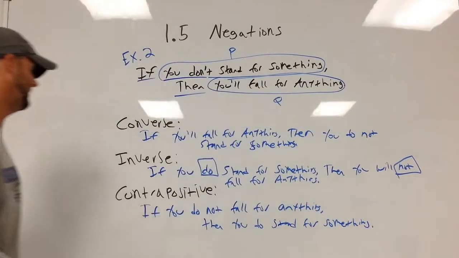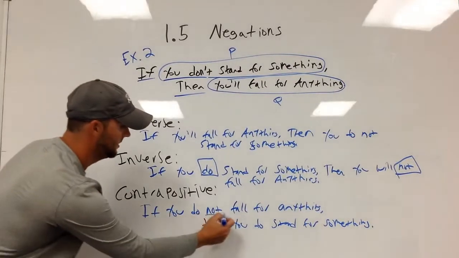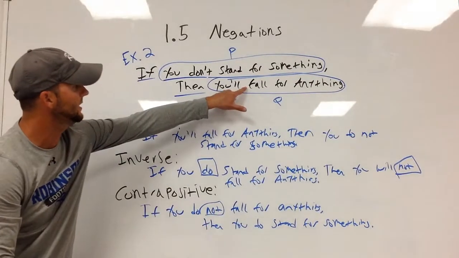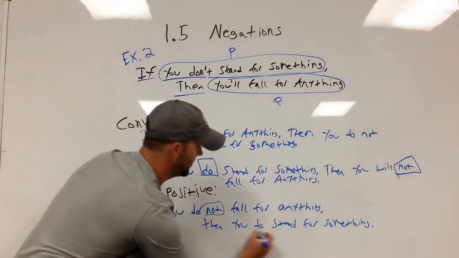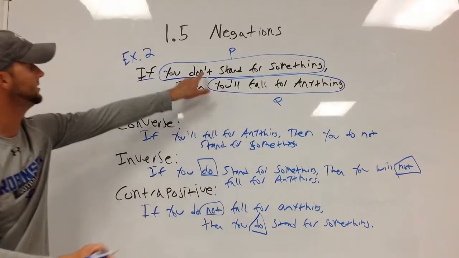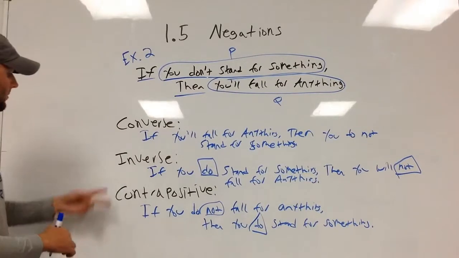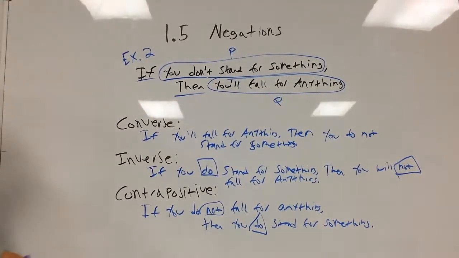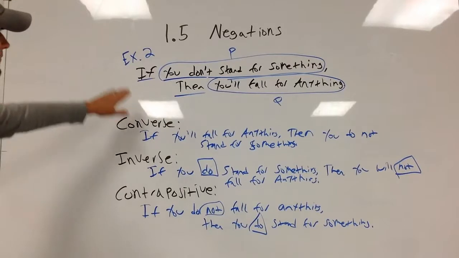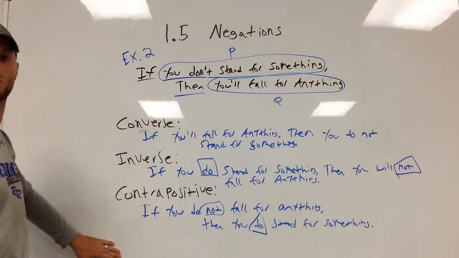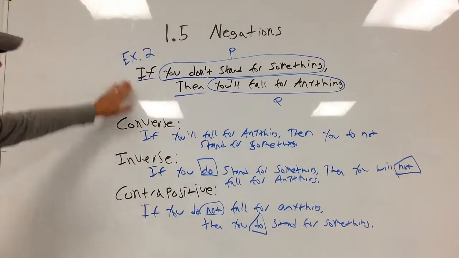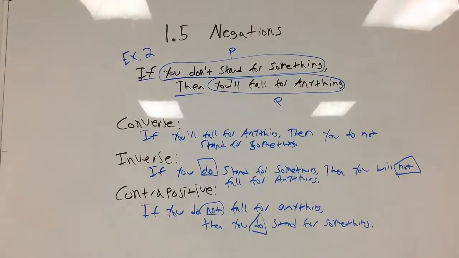If you look right there, I changed this into not, and right here, I changed don't into do, and I swapped them. Okay? So remember, the contrapositive is a combination of converse and inverse. The truth value of both of these is going to be true, because the conditional and the contrapositive are always going to have the same truth value.